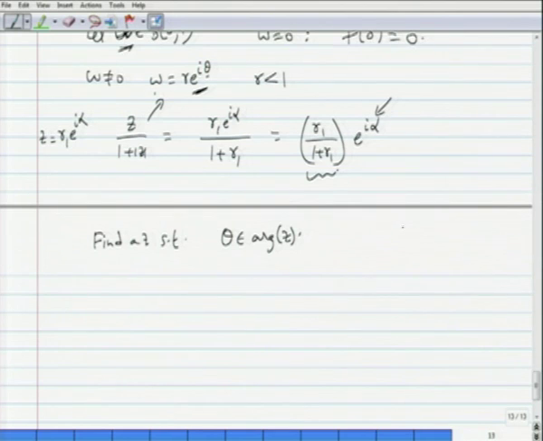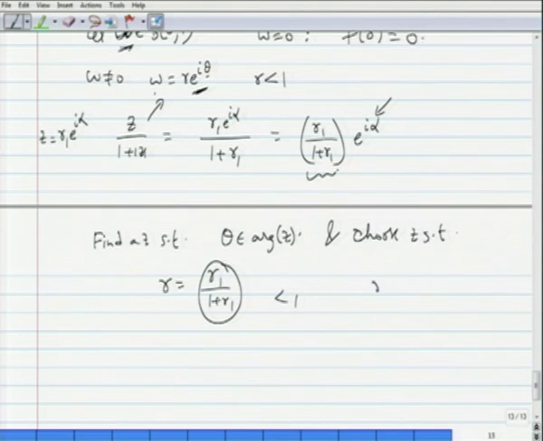And then you choose z such that r is equal to r_1/(1+r_1). Notice r_1/(1+r_1) is strictly less than 1. So, you can solve for r_1. r_1 times (1-r) is equal to r, so r_1 is r/(1-r).